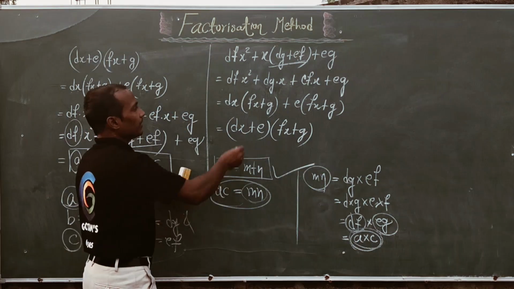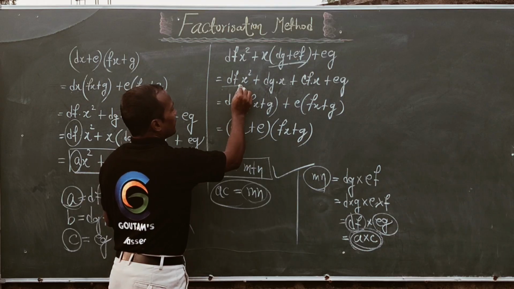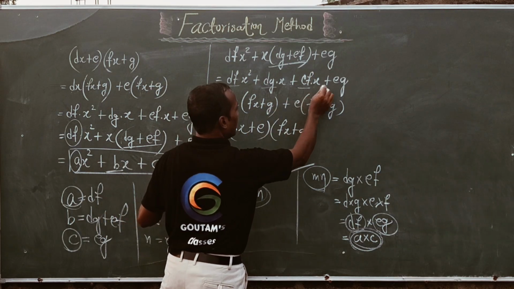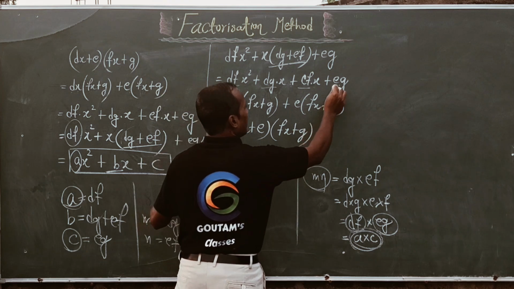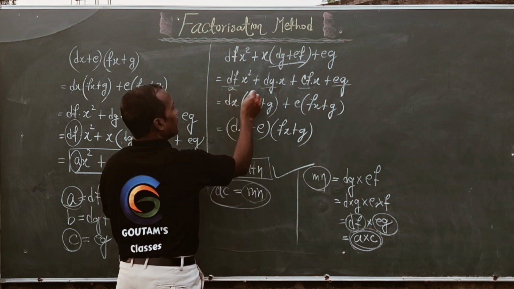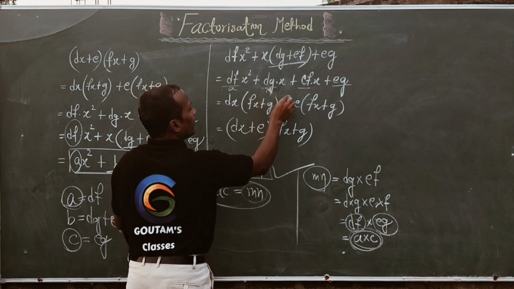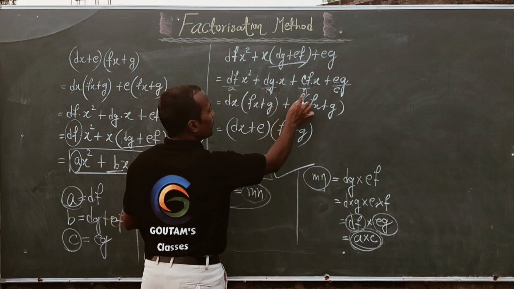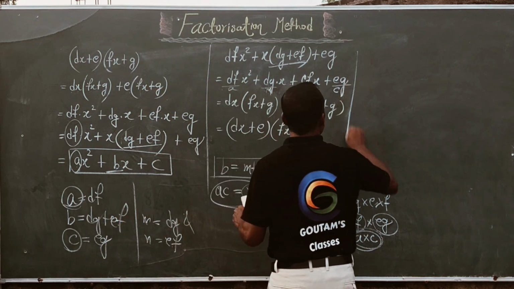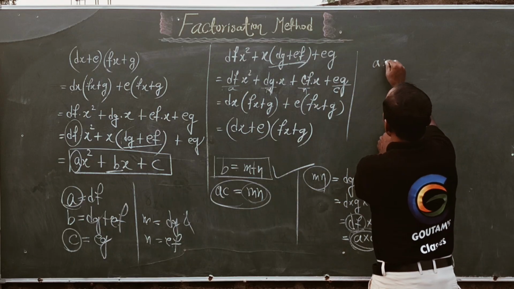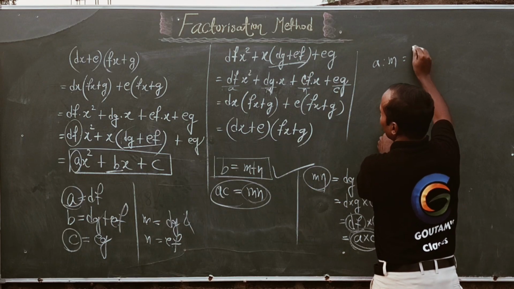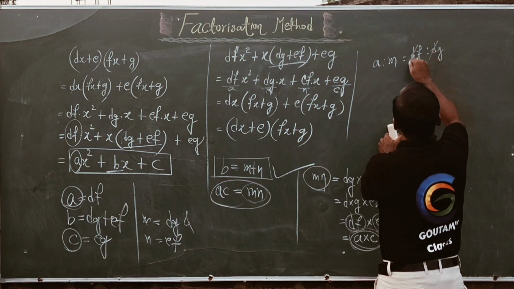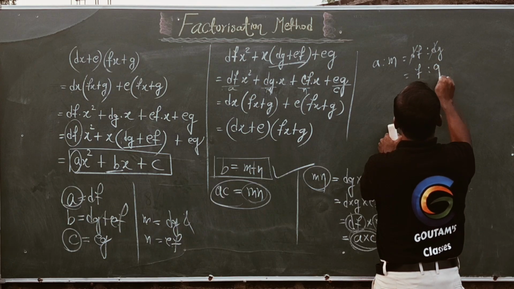At the same time, I can show you df is a, dg is m, ef is n, and eg is c. This is a, this is m, this is n, and this is c. a is to m is equal to n is to c. By that way, you can also check a is to m. a is to m means df is to dg. d gets cancelled, you get f is to g.